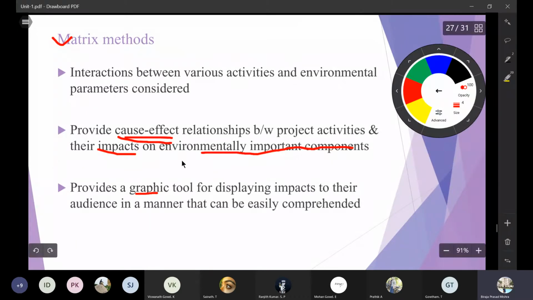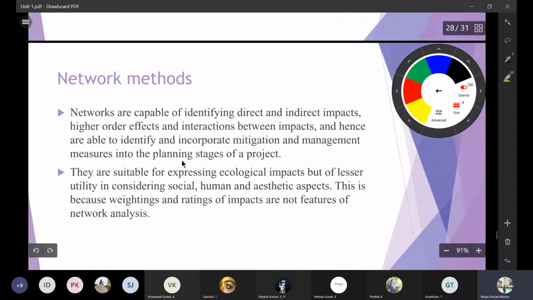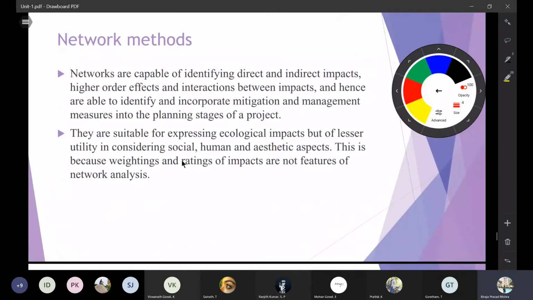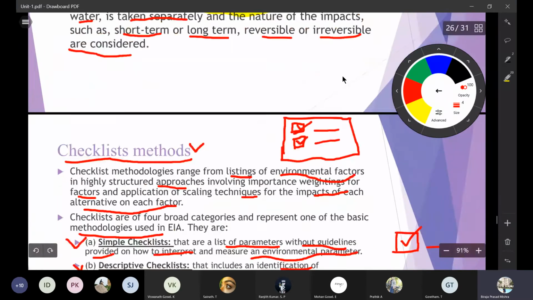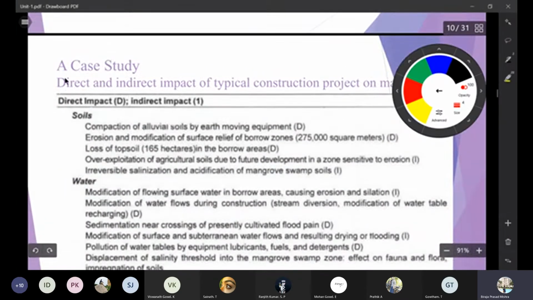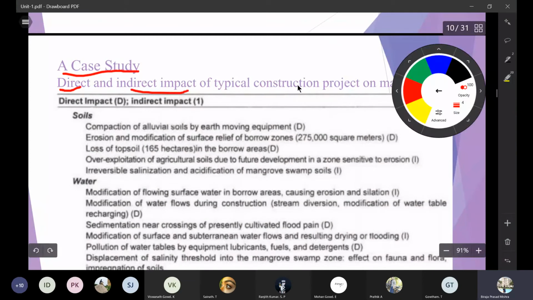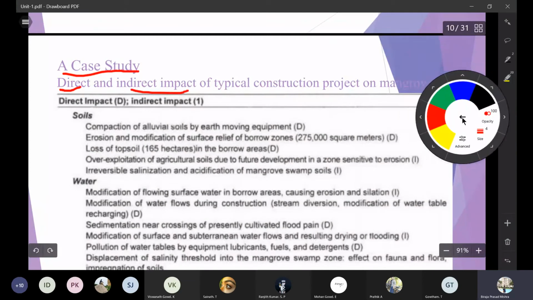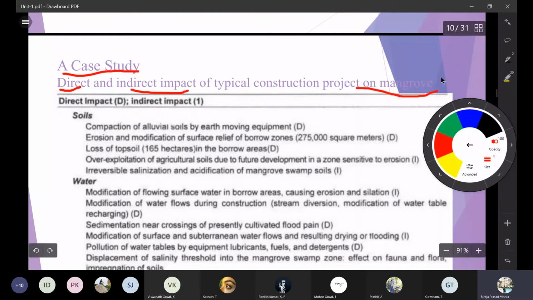Okay, and apart from that, the next method we have is the networks method. Okay, so the networks are capable of doing what? They are capable of identifying direct and indirect impacts. Okay, so if you remember, we have already went through this one, a case study where the direct and indirect impact of a typical construction project on a mangrove forest was discussed.